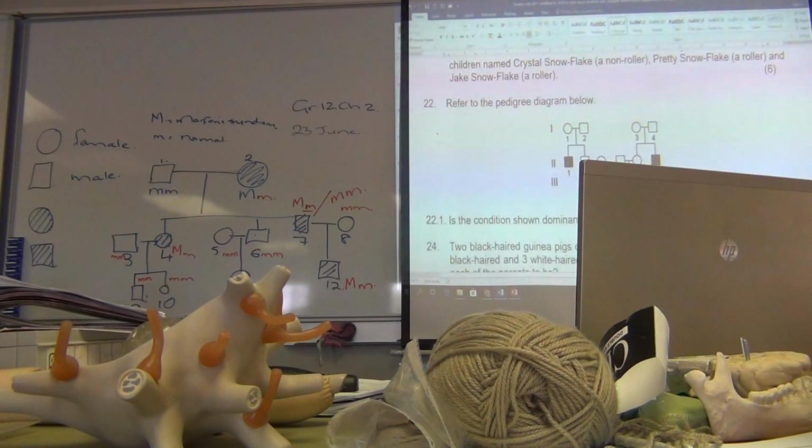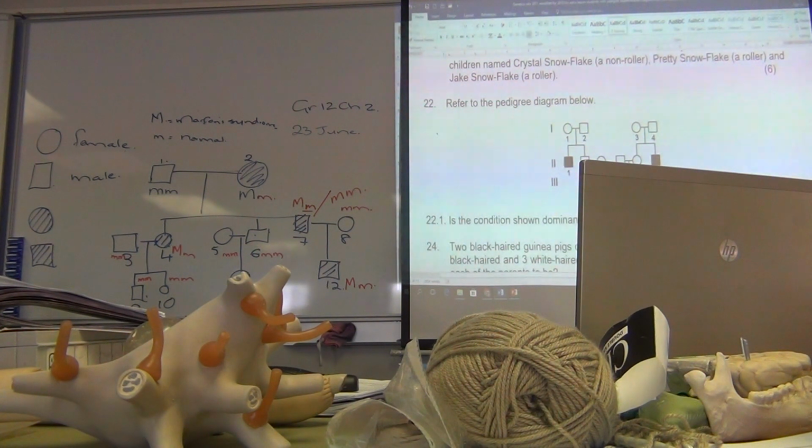But child 1 in the second generation, this is just a slightly different way of doing the pedigree, where they number each of the generations, and in each generation, each child, they start again at 1. So it's 1, 2, 3, 4. They don't go 1, 2, 3, 4, 5, 6.